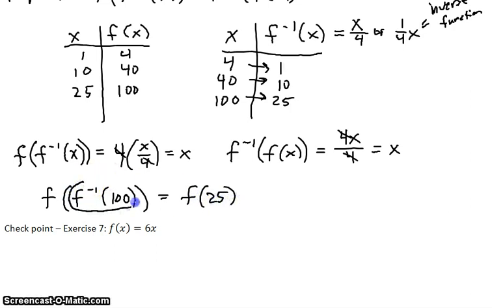So I'm going to replace that whole thing with 25. The original function says to multiply it by 4. So if I multiply it by 4, I get 100, which is the number that I started with. I can do that with any number. Any number I pick, if I plug it into the original function and then the inverse, I'm going to be back where I started.